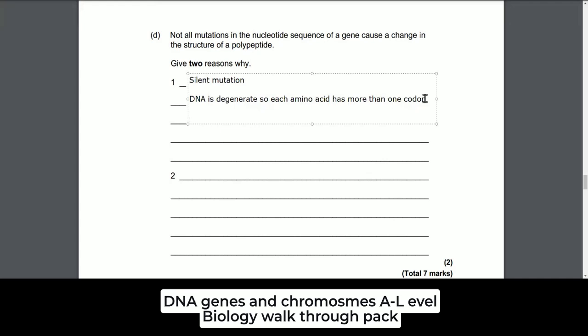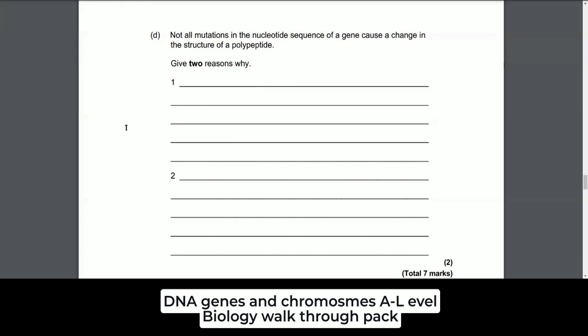Let me give you an example. So for example, just so you can understand it, CCC codes for glycine, right? Imagine there's a mutation. One of the C's is turned to a G. CCG also codes for glycine. So essentially, we're going to get a mark for saying, well, just because there's a mutation, it might be a silent one. There's more than one triplet for each amino acid, and that will essentially get you those 2 marks.